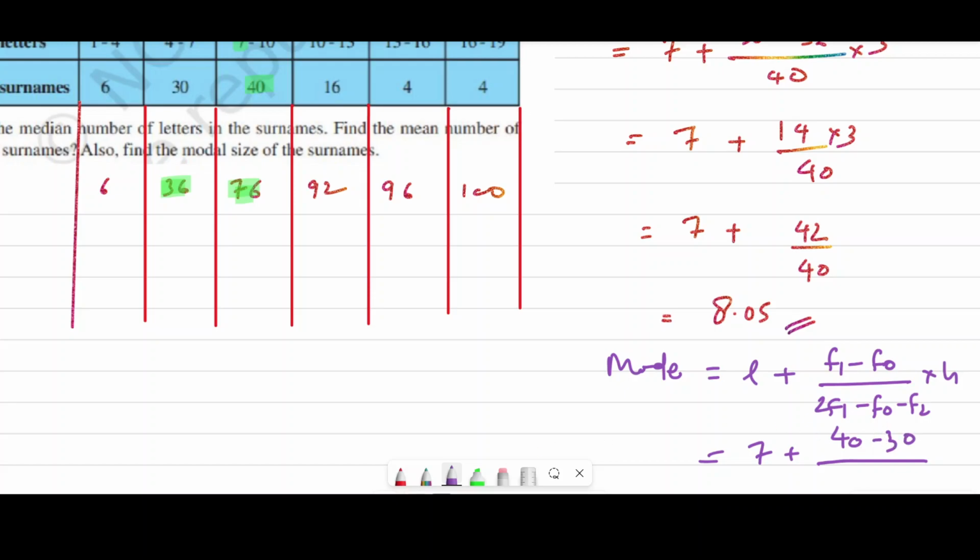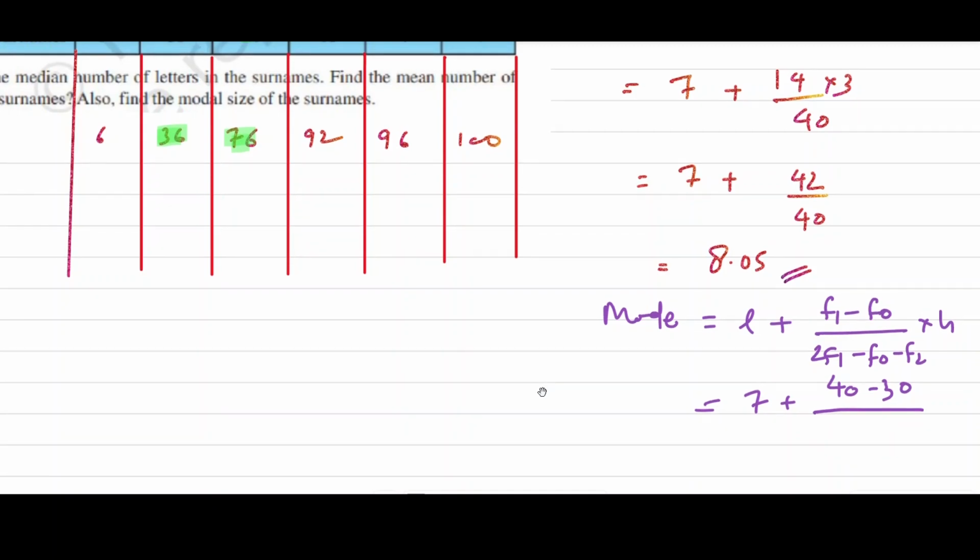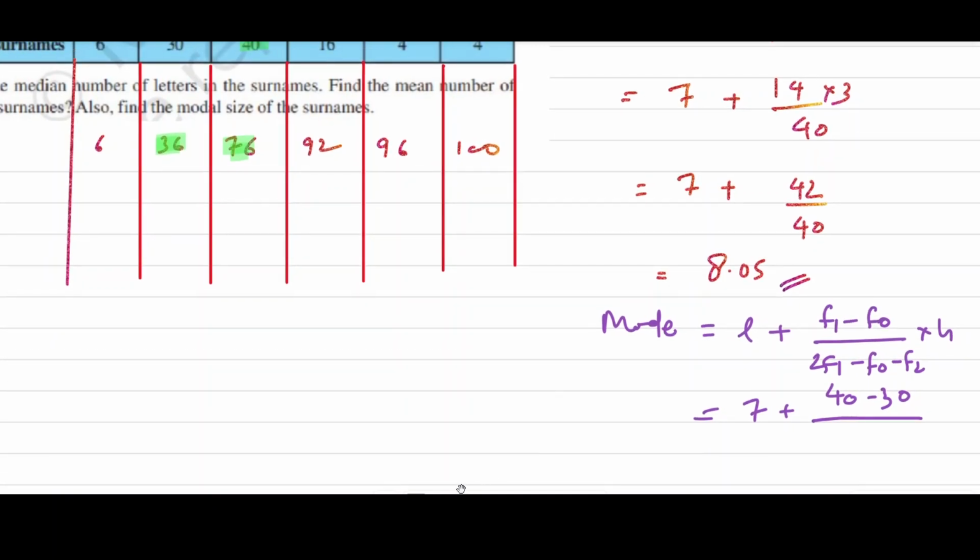Now here, 40 minus 30, and 2 into 40 minus 30 minus 16, into H. What is the value of H?